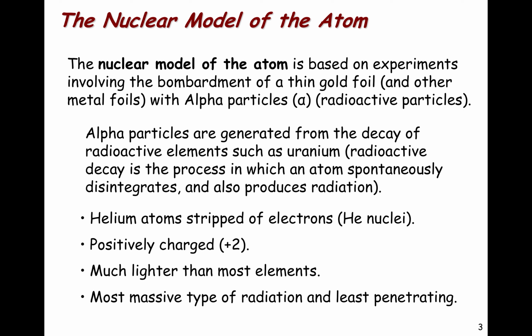We also know that alpha particles are not particularly good at penetrating through anything that has a significant amount of mass. So it was a bit of a challenge to actually get these alpha particles to go through the gold foil and be able to observe them.